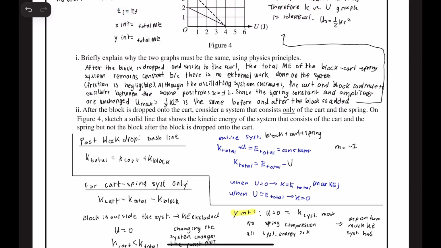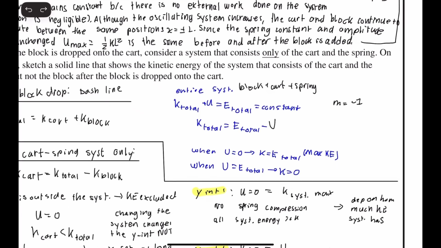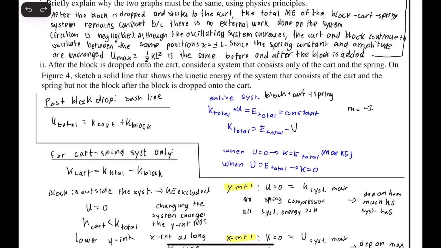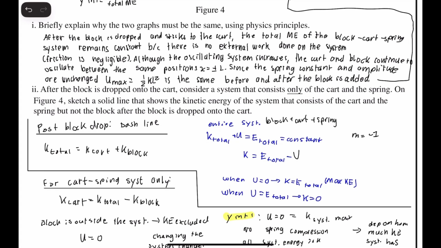In this system, when we write up all the energy, K total plus U is equal to E total, and that's going to be constant. If we solve for K total, that's just the total energy minus U. So that was why this was a straight line with a negative slope.